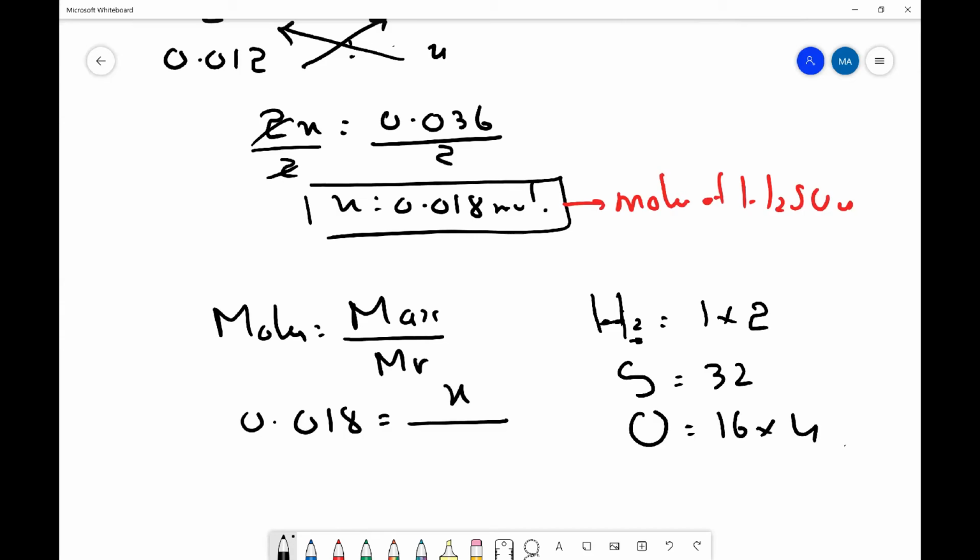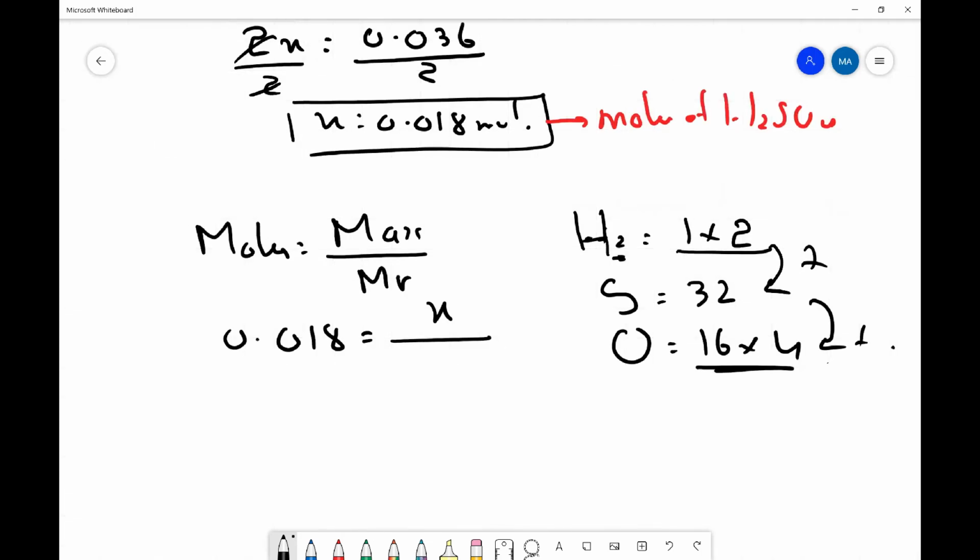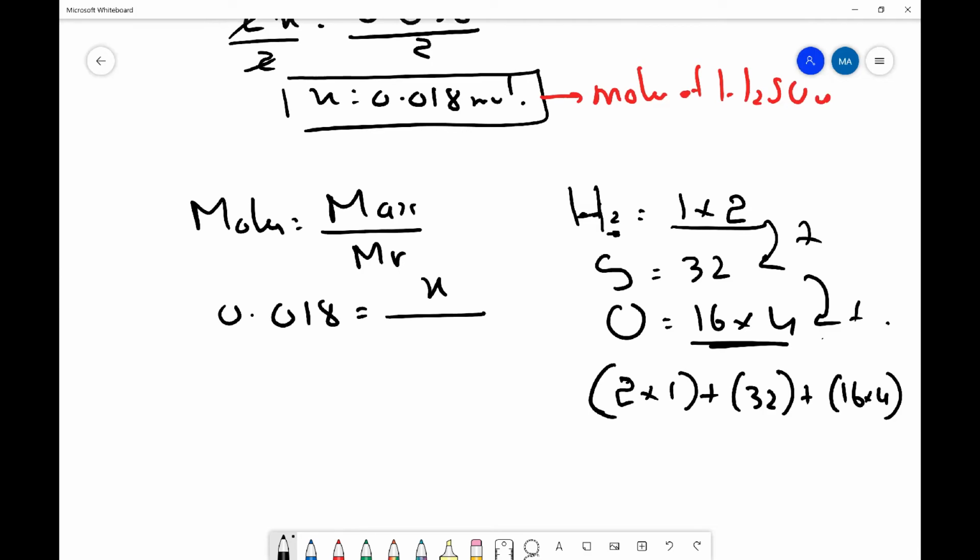Use a calculator and add all of these. You multiply, then add 32, and then add 16 times 4. Let me check again, is sulfur 32? Yes, it's 32. Perfect.